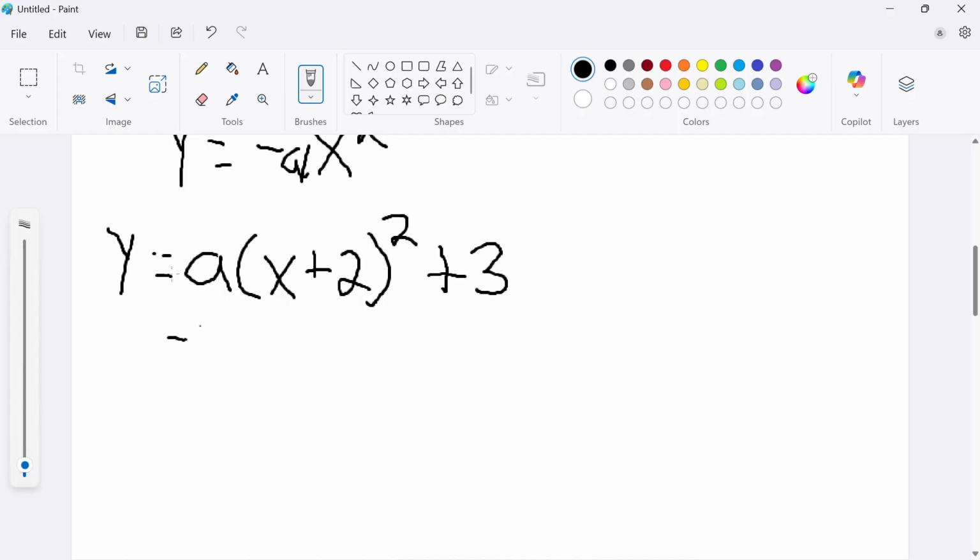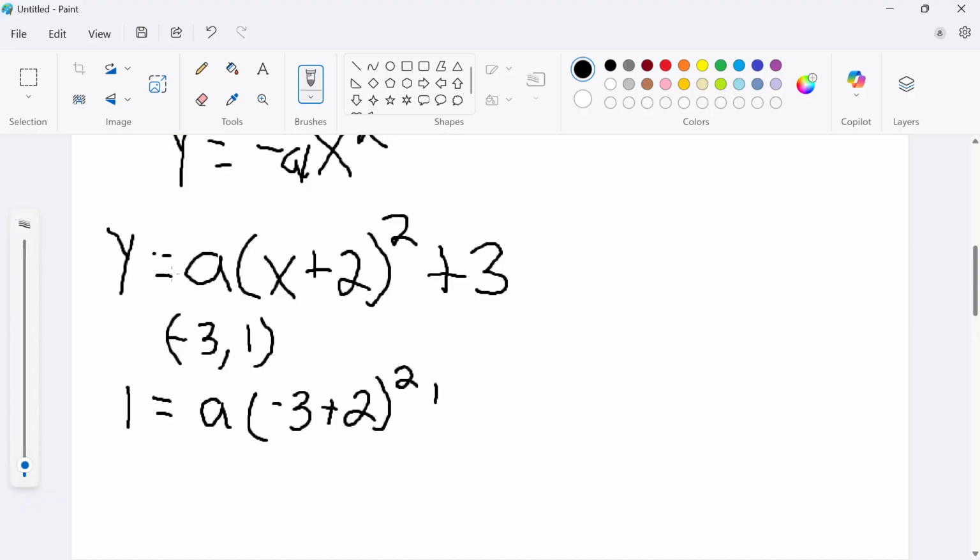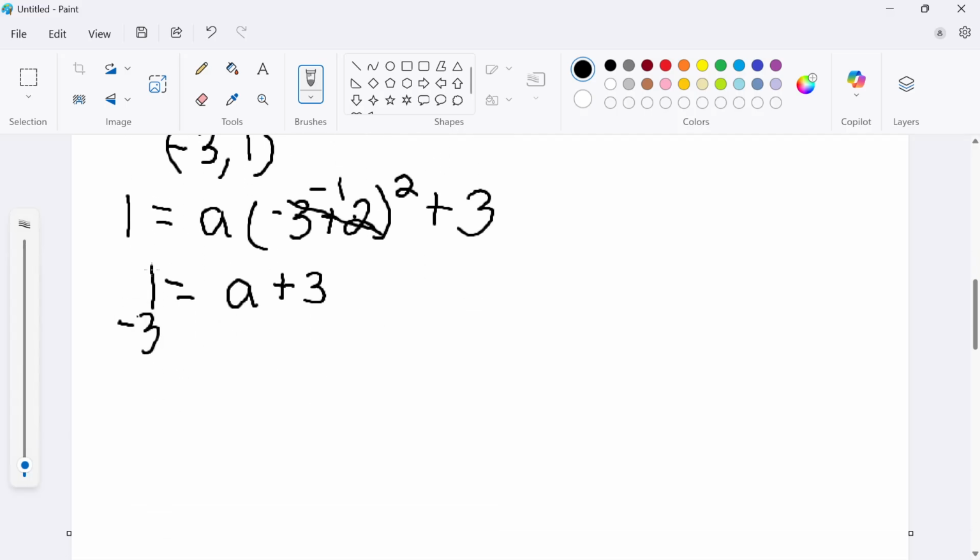So I have negative 3, 1 as a point, and I can plug that in for x and y. 1 equals a, that's what I want to find out, times negative 3 plus 2 squared, plus 3. Negative 3 plus 2 is negative 1. Negative 1 squared is 1. So 1 equals 1a, or just a, plus 3. Now I'll subtract 3 from both sides. Negative 2 equals a.